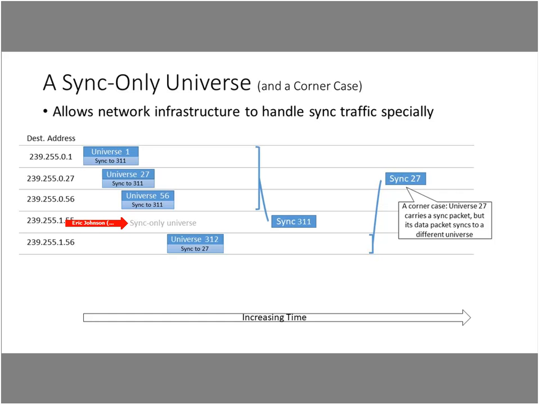Because in a large network where you have multiple hops, you can send your data packets and let them take however many milliseconds they need to get there. But you need to minimize the delay skew. You don't want one packet going off to one corner of the rig to take a lot longer to get there. You don't want the sync packet taking a lot longer to get to one corner of the rig. So this allows you to administratively prioritize the sync packet based on it being in this sync-only universe.